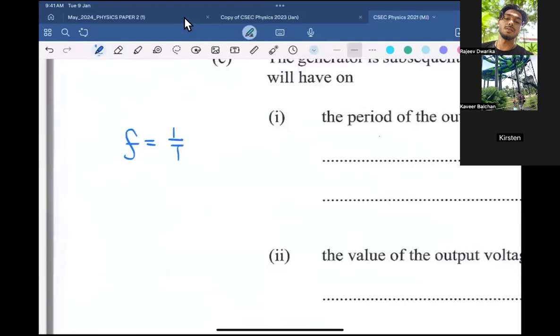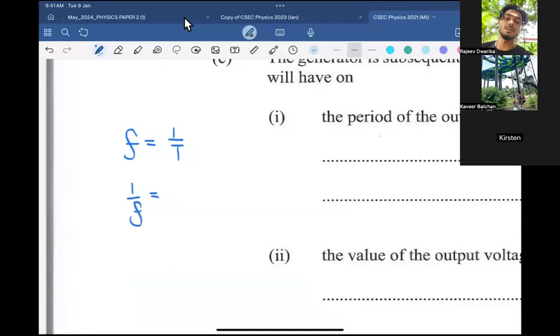How am I going to do that? Yeah, you could flip both sides. That's the easiest way. So if I flip F, what will it become now? 1 over F. Right. So 1 over F is equal to T over 1.